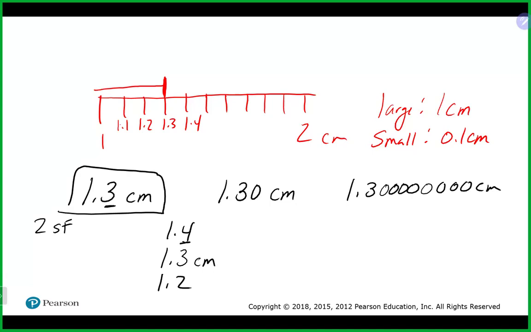Because the uncertainty here lies in this digit. That's where we're guessing. So when we look at the actual scale and the picture here, we are basically saying, I think my measurement is somewhere within that little horseshoe there. Is that a lot of error or a little bit of error?